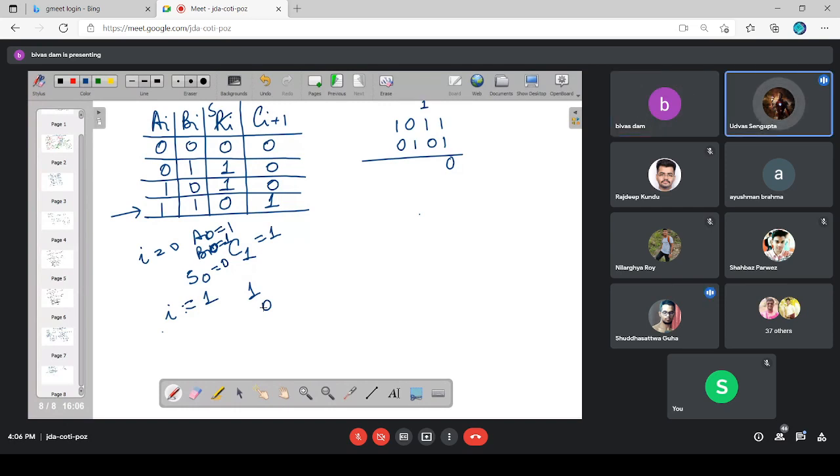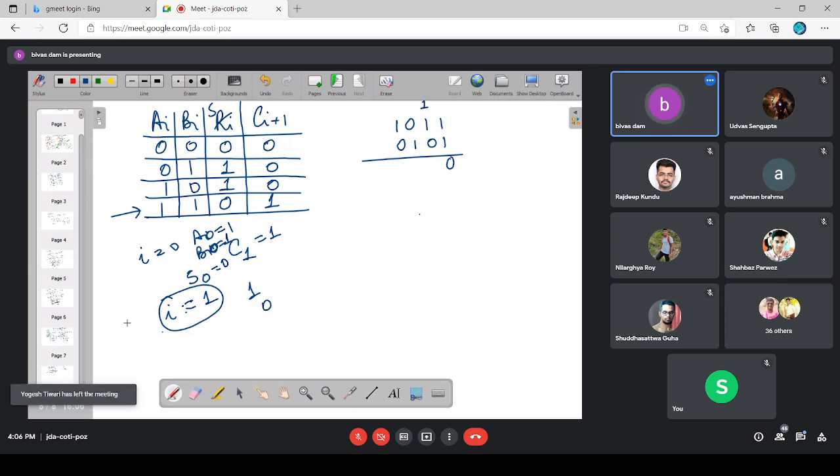No, sir, we have to consider the incoming carry from the previous stage, the I minus 1th stage. Now we are in the I is equal to 1th stage, so the I minus 1th stage is the I is equal to 0th stage. You have to consider the carry arising out of the 0th stage, and that is C1. And that C1 value is 1, so that also needs to be added.